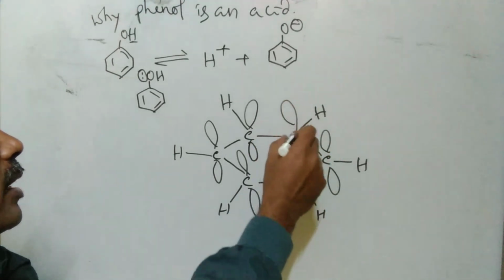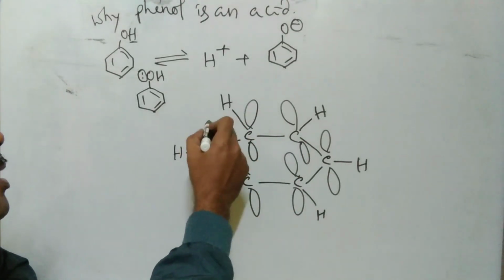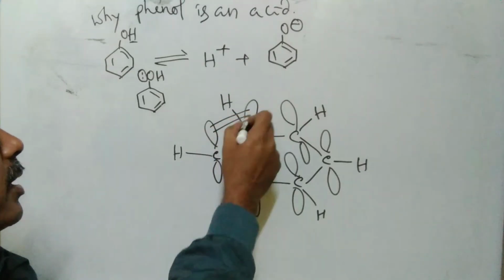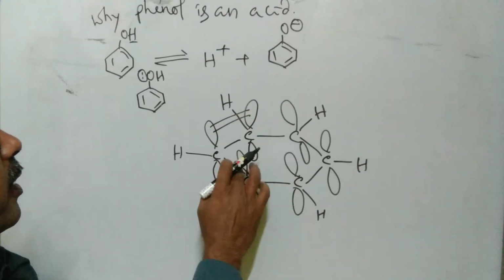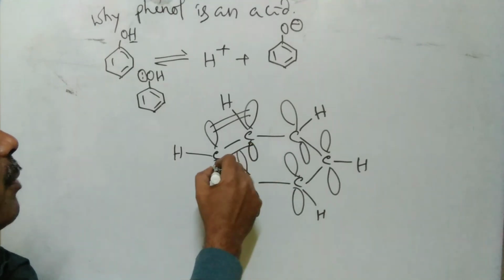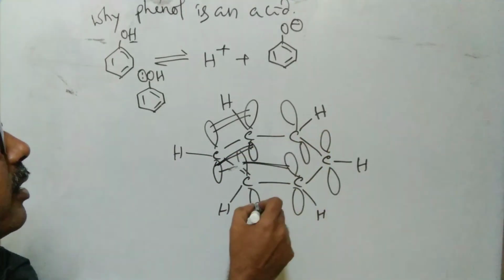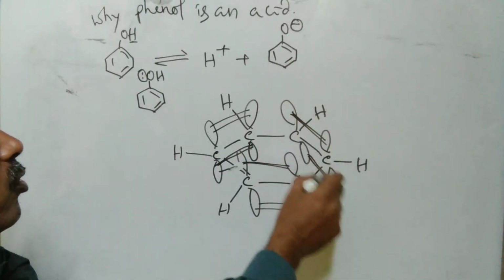These pz orbitals, being perpendicular to the bond axis and parallel to each other, can make a lateral overlapping with each other. These two can make a lateral overlapping and these two p orbitals make lateral overlapping. This is how pi bonds are formed.